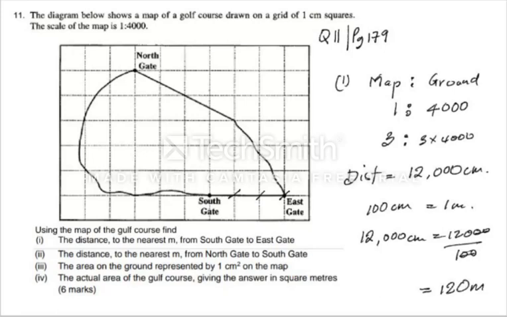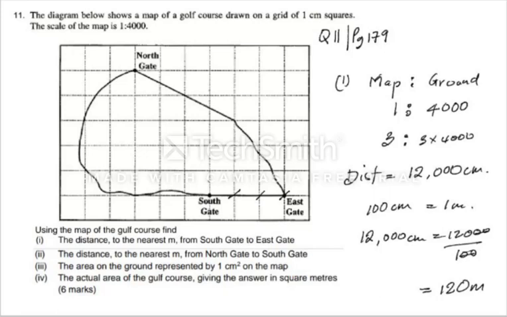So the distance between South Gate and East Gate is 120 meters. The distance on the map is 3 centimeters. We can clearly see it because the map is drawn on a grid of 1 centimeter squares.